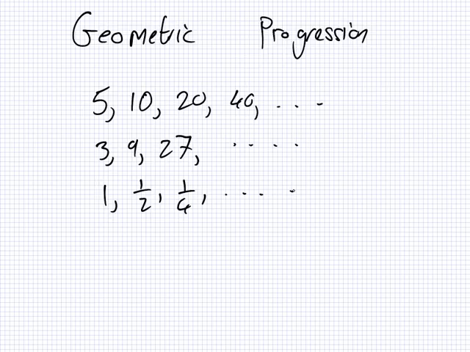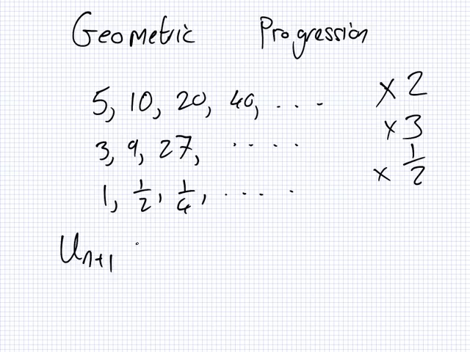They're all being multiplied. Here, each time I multiply by 2, and here by a half. So a geometric progression is when the next term is the previous term multiplied by a constant. You keep multiplying by a number.